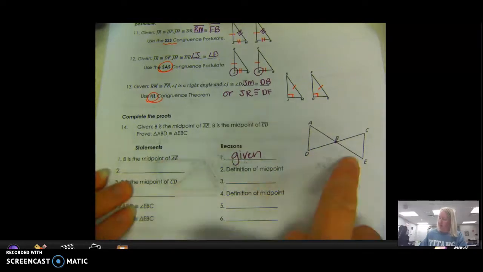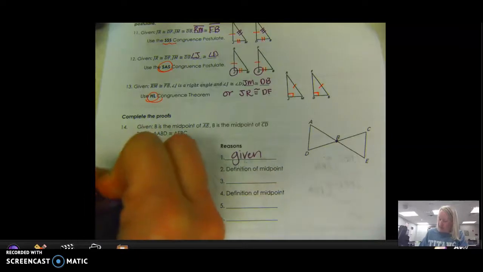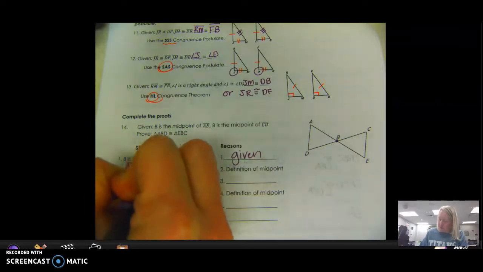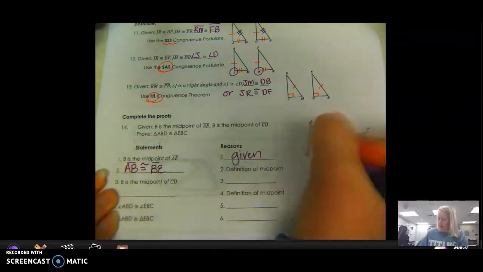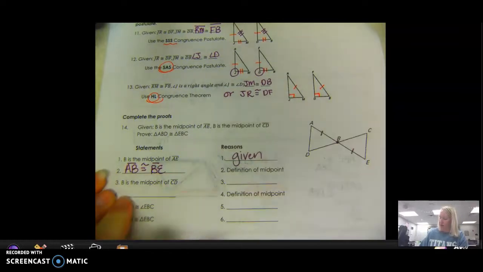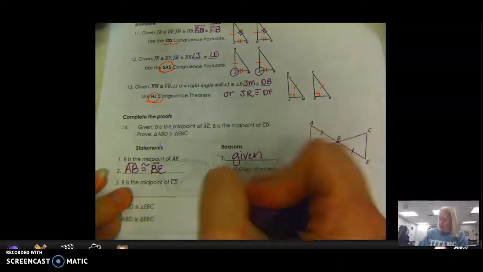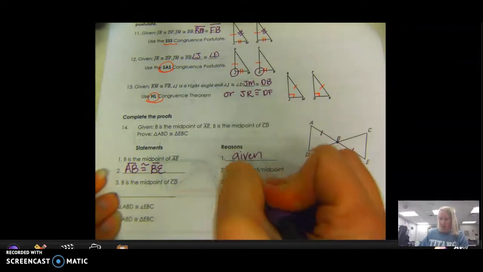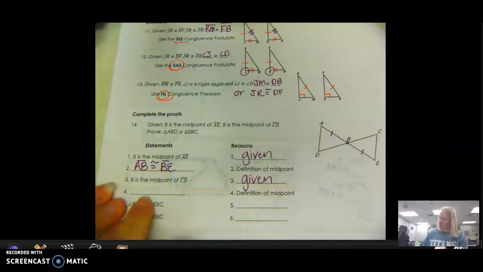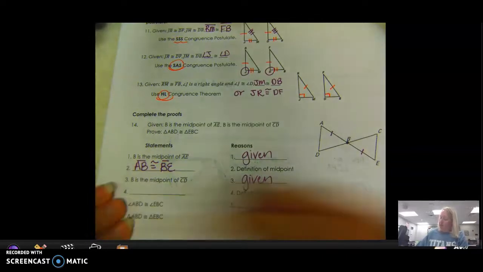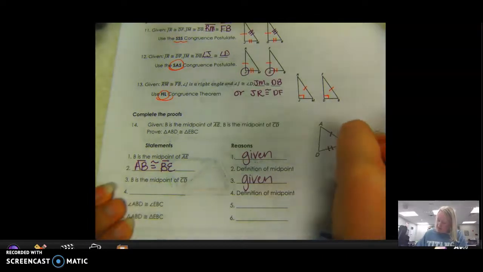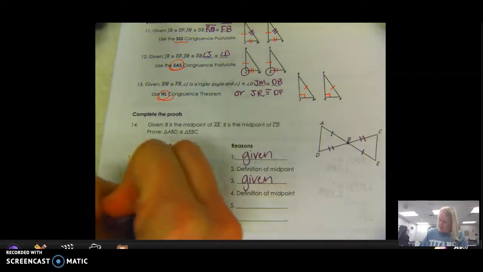Well, they're going off of A to E. Well, that tells me that A to B is congruent to B to E. Next, they are telling me that B is the midpoint of C to D. That again is a given. They told us that up top. Which tells me what because of definition of midpoint? Well, that tells me that B to D is congruent to B to C.